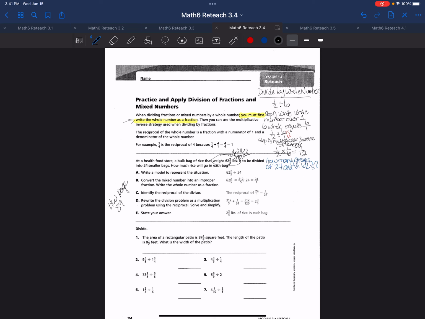So this is step 1. We need to write an expression or a model to represent this situation. And because 62 2/5 is your total amount, then that is going to be divided by the 24. Step 2, convert the mixed number into an improper fraction and write the whole number as a fraction.